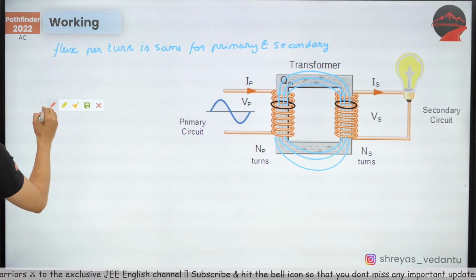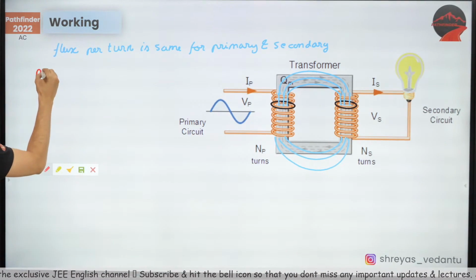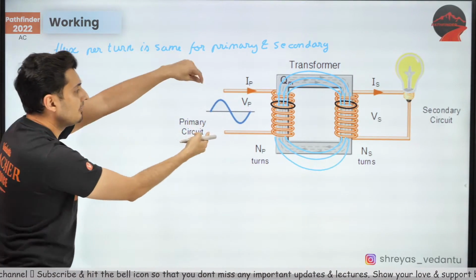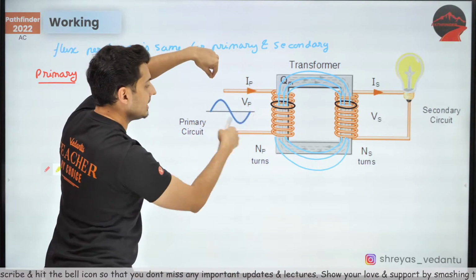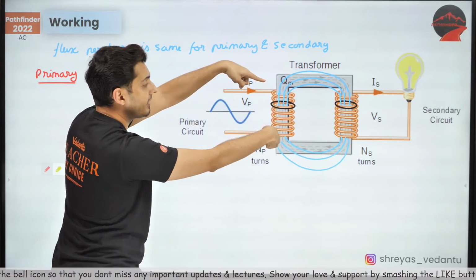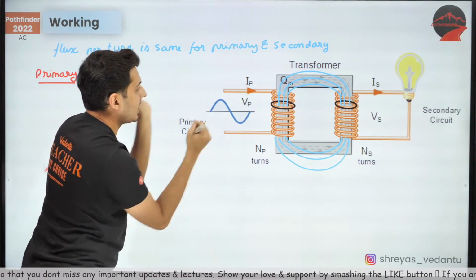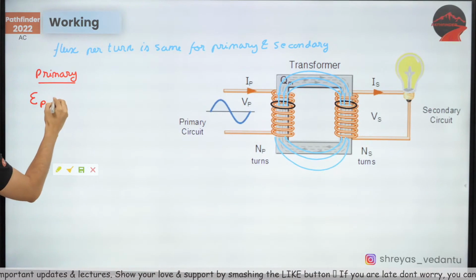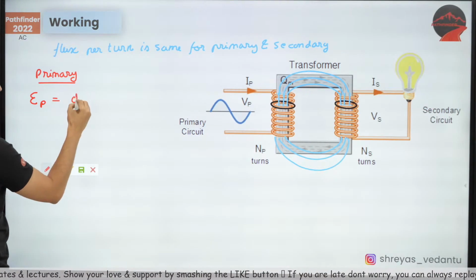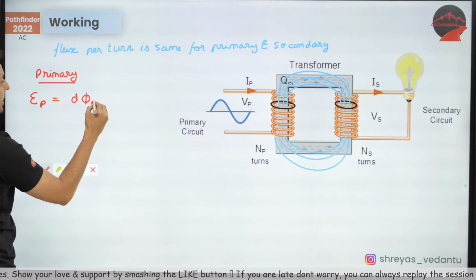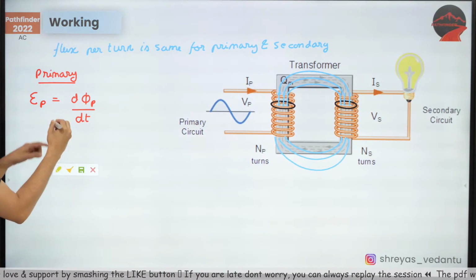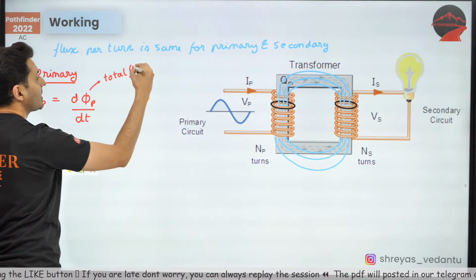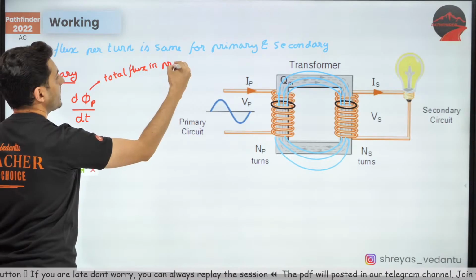On the primary side, the EMF which is created here will be the total rate of change of flux on the primary side. So EMF on the primary, by Faraday's law, magnitude wise, is d phi primary by dt. This phi represents the total flux in the primary side.